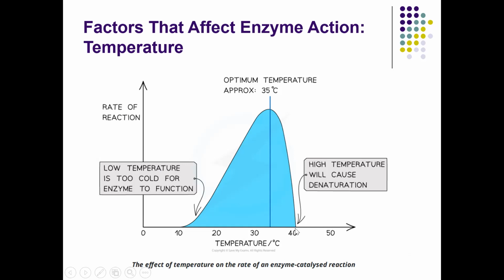So let's explain the meaning of this graph. Initially, why is the rate of the reaction slow? As I already told you before, for the enzyme to speed up the chemical reaction, the enzyme needs to bind with the substrate. Binding of the substrate and the enzyme needs collision between them.